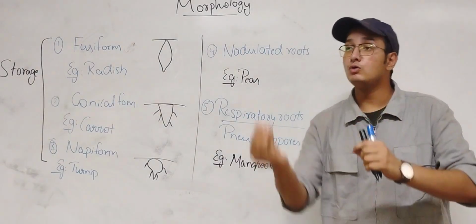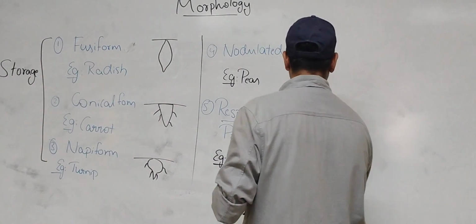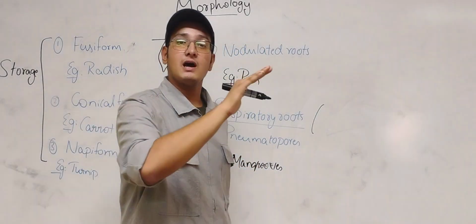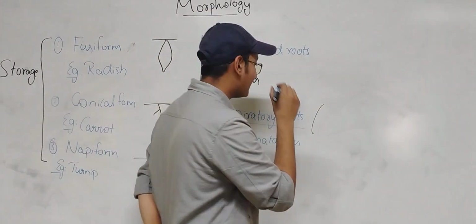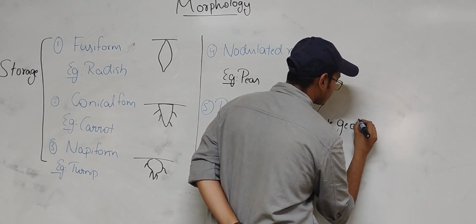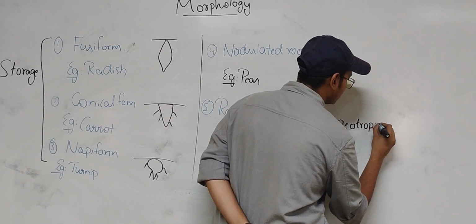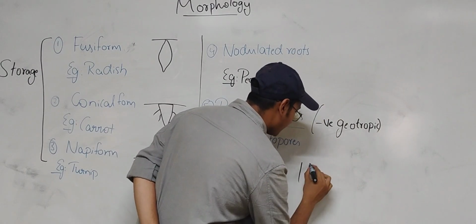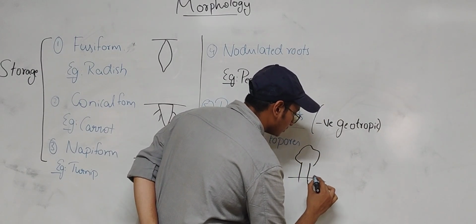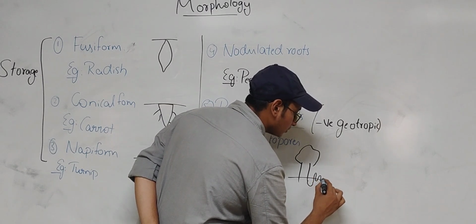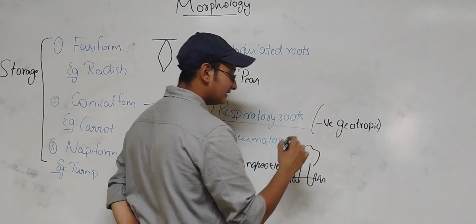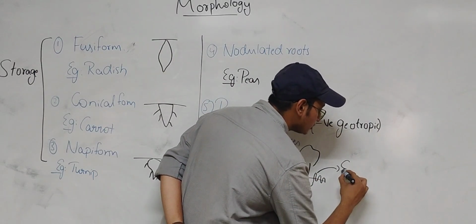So they grow outwards. I told you that roots are positively geotropic, but here it is negatively geotropic. If this is a mangrove plant, some of the roots grow outwards, and this helps in exchange of gases.